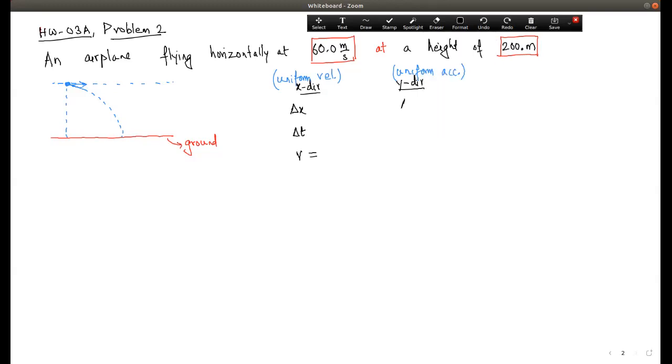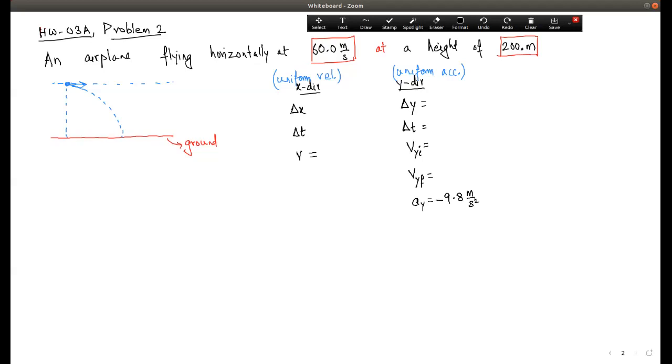So that tells us that the variables we are looking for are the 5 variables we have been talking about, the kinematic equations, Vy final and Ay. Again, uniform acceleration immediately suggests that this is minus 9.8 meters per second squared.